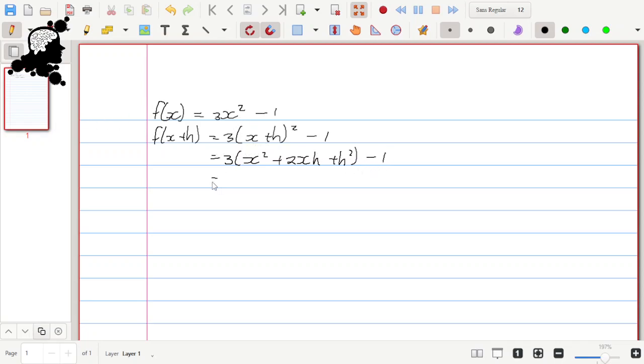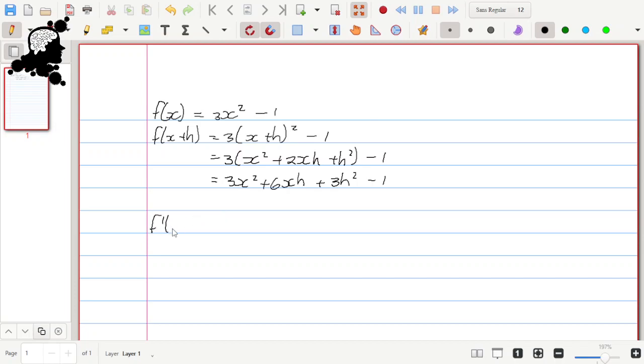Then we multiply out the 3. 3 times x squared, that's 3x squared. 3 times 2xh, that's going to give us 6xh. 3 times h squared, that's going to give us 3h squared, minus 1. There we have it. We have an expression for f of x plus h.